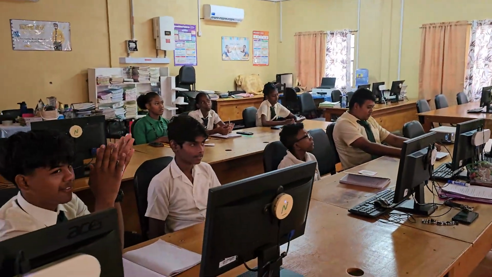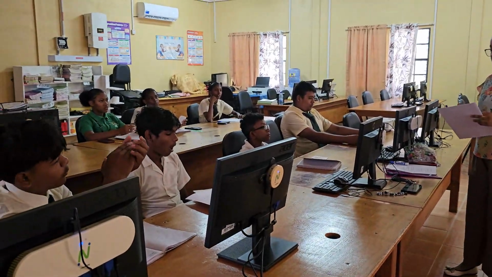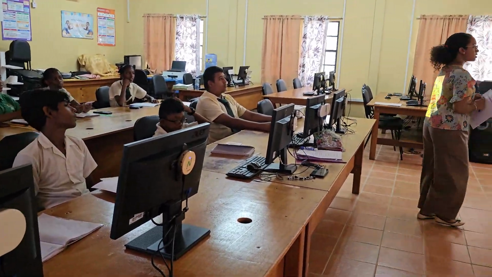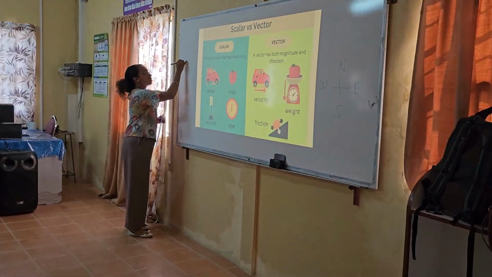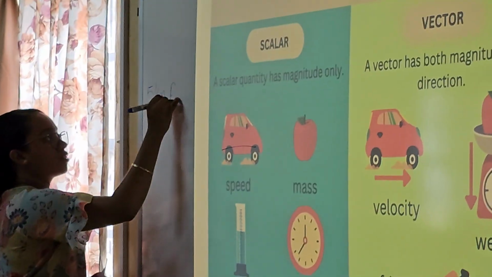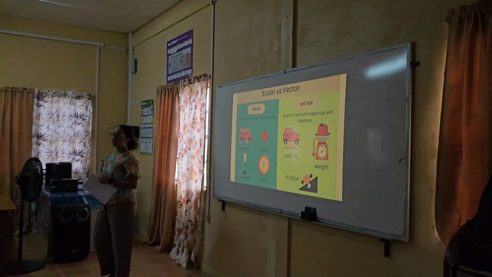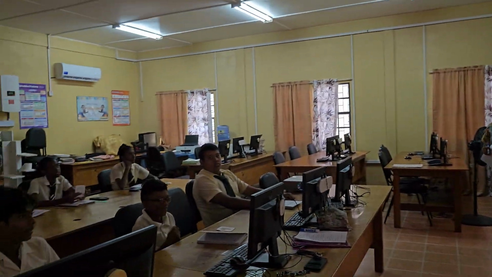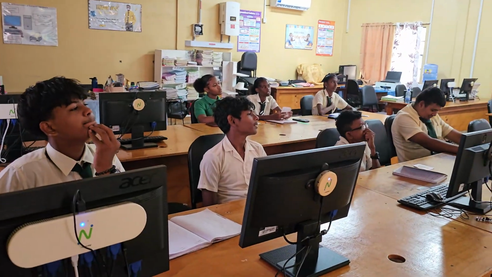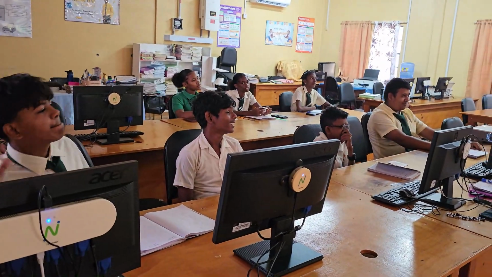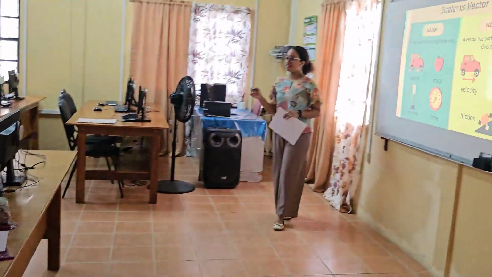Now, I want to show you one more thing before I give you this worksheet. Say for instance we have to move 5 km east. How do we draw that on a diagram? We're starting at A. This is our point A, and we have to move 5 km east.